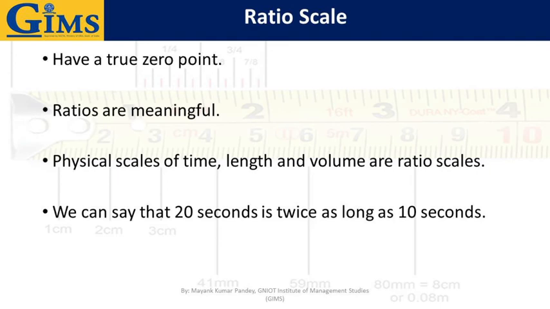So if we have information related to the origin point, and that is 0, we can easily establish a relationship, and that is why we are in a position to say that 20 seconds is twice as long as 10 seconds. So these are the different scales, and they are very frequently used in social sciences.